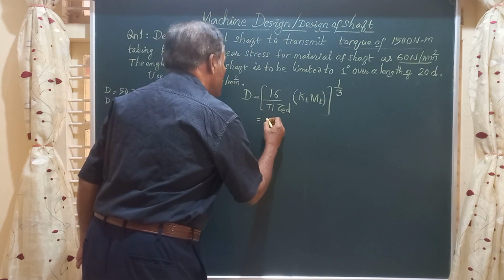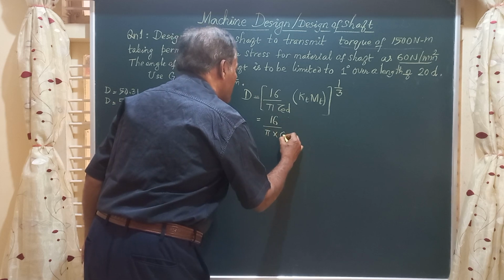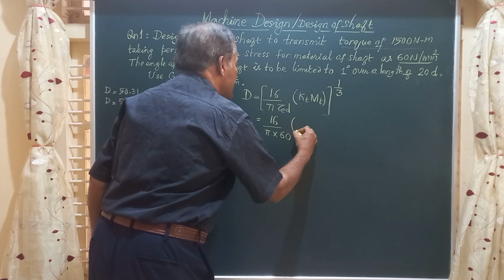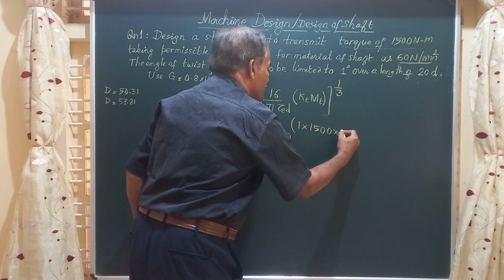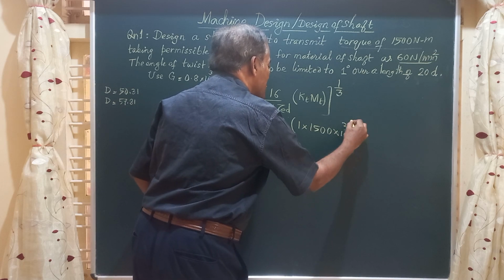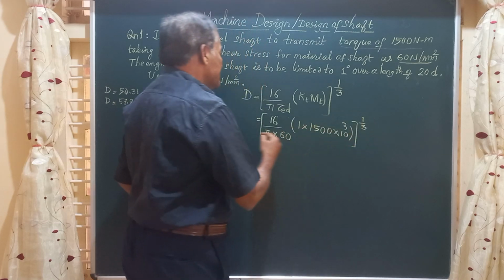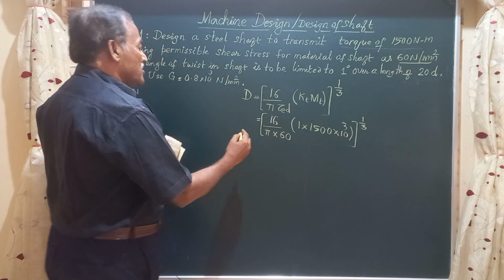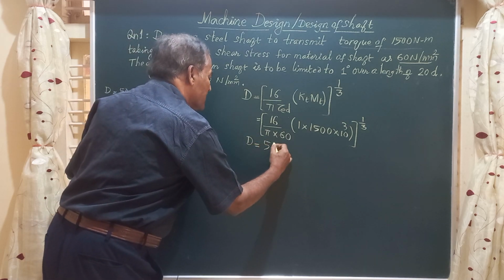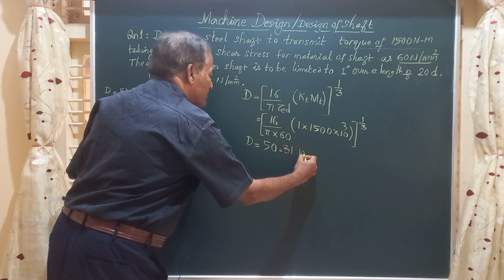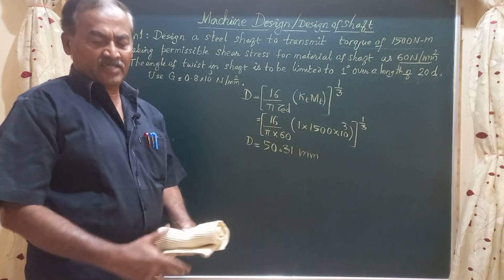So this is equal to 16 divided by pi into tau_vd, permissible stress is 60, Kt is 1, Mt is 1500 multiplied by 10 to the power of 3, and the whole thing raised to the power of 1 by 3. Friends, if you simplify this using the calculator, you get the value of D as 50.31 mm. So this is the value of shaft diameter based on the torque capacity.